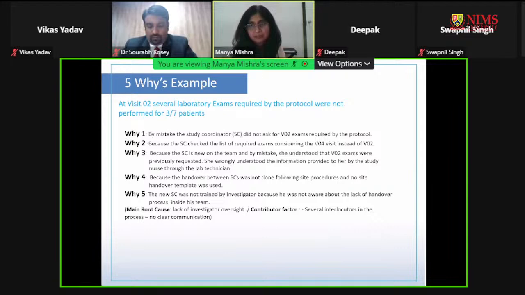Say what you are doing, and whatever you are doing, write it, prove it and improve it. Continuously, that is the basis of even implementing the QMS. The QMS has to be implemented so that you can get repeat results consistently with accuracy. And that is the core idea of having QMS.